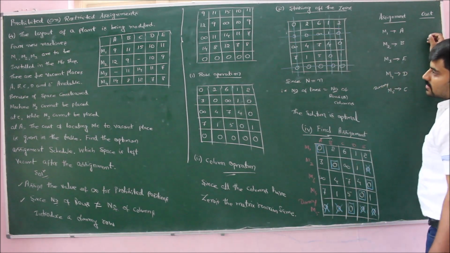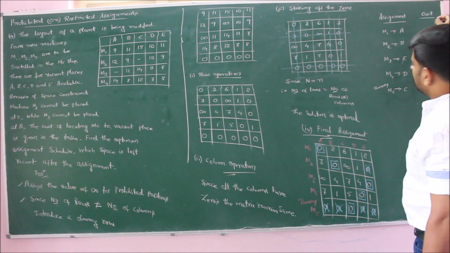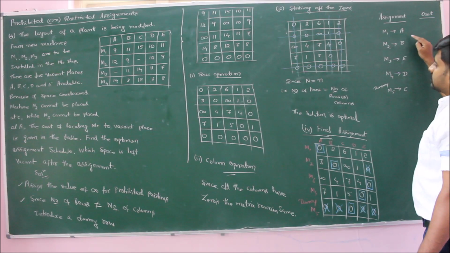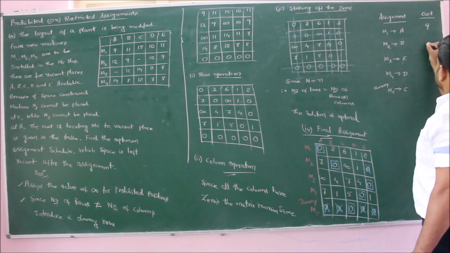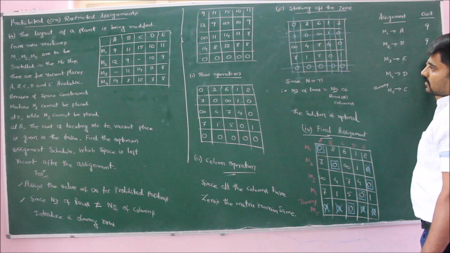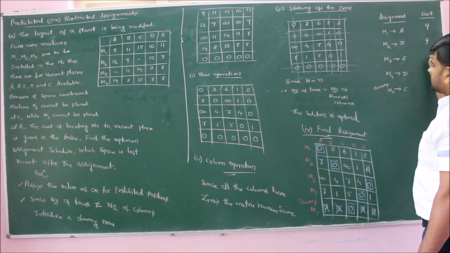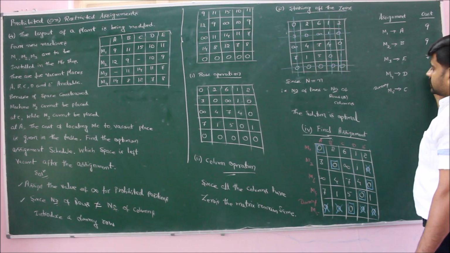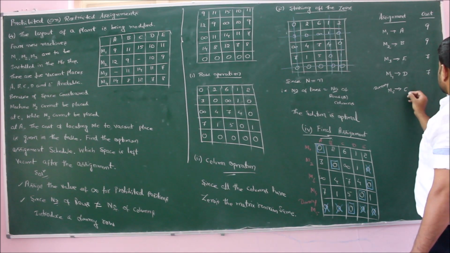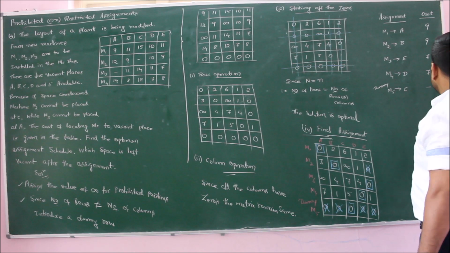Coming to cost, for locating machine 1 to space A, the cost is 9. Machine 2 to B is again 9. Machine 3 to E is 7. Machine 4 to D is also 7. Whereas for the dummy, it is 0.